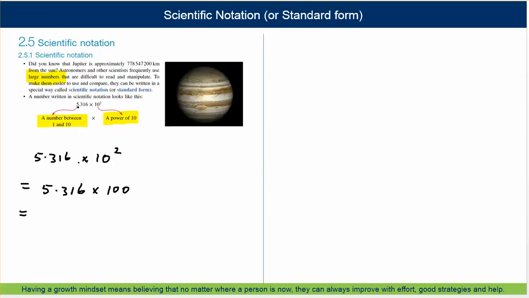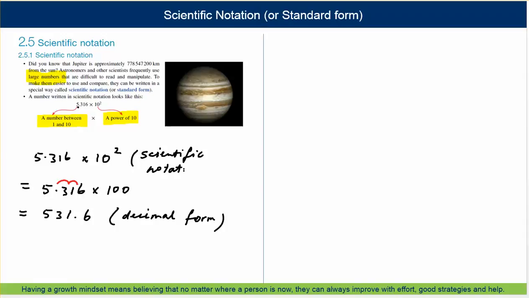So when you multiply this by 100, the decimal point will move 2 places to the right, so the actual number will be 531.6. In this form we just say that's normal decimal form, and up here this is using scientific notation.